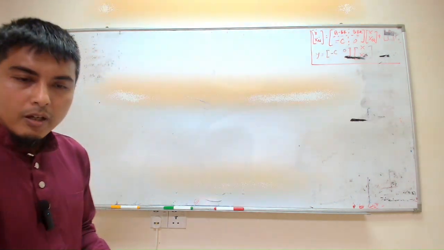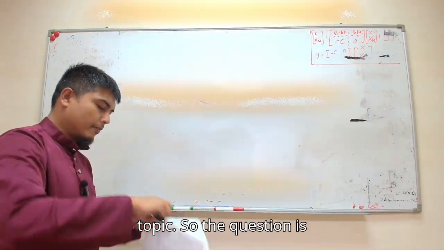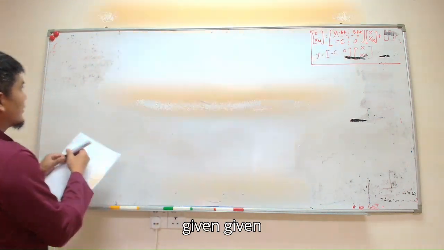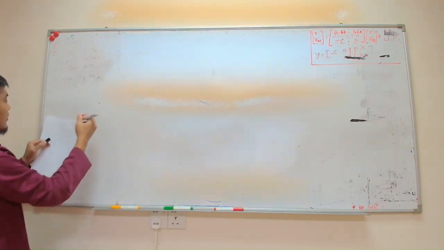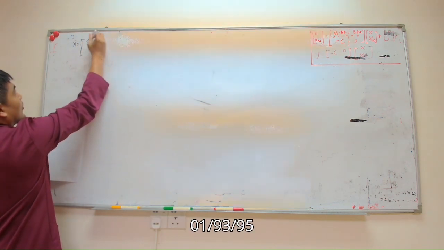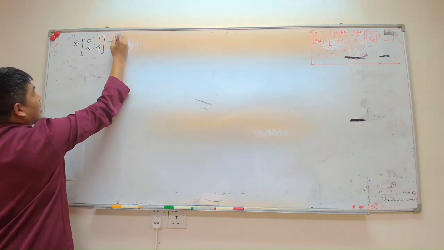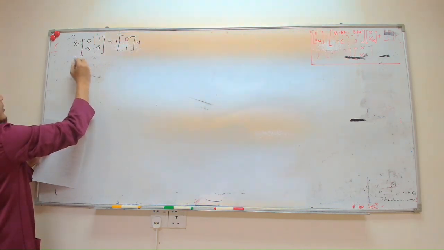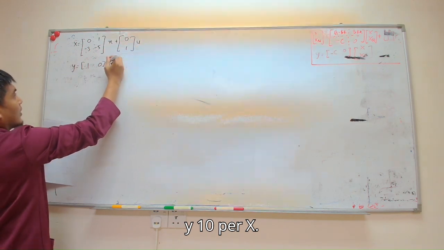So we go for the example for this topic. So the question is, given an original system, with x dot equal to [0, 1; -3, -5] x plus [0; 1] u, y equal to [1, 1, 0] x.